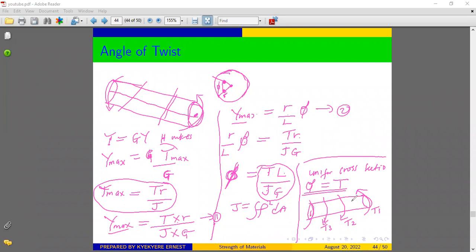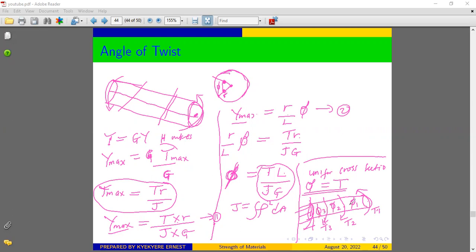The twist at this side will be different from the twist at this side, because the twist at this side is a result of the torque T2 and the torque T1, but the twist at this side is just a result of the torque T1. And the torque here is also going to be different.